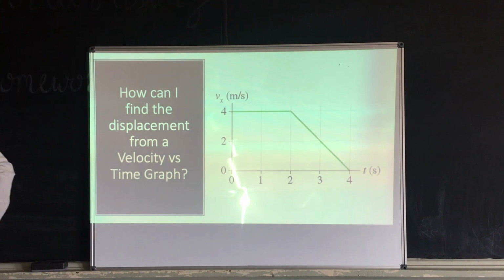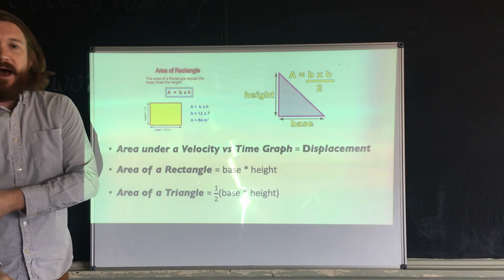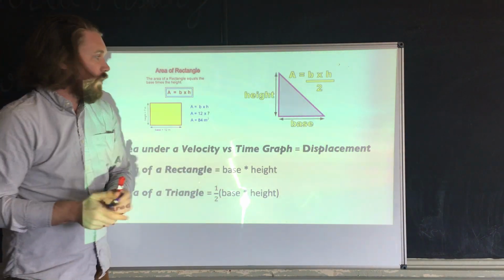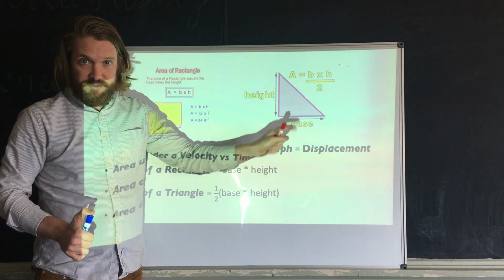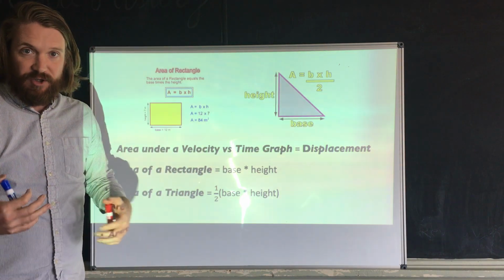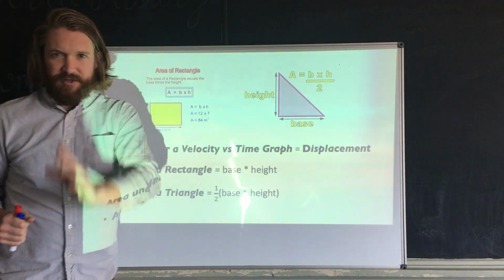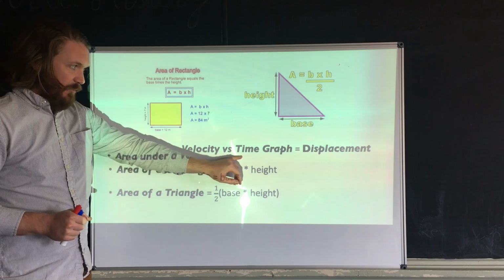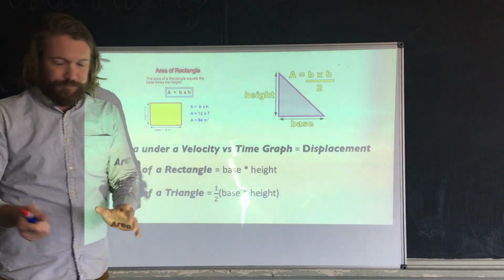Okay. First step. We got to remember how to find the area of two shapes, and we're only going to use two shapes, okay? We're going to use rectangles, and we are going to use triangles, okay? All of these shapes that we're going to look at, we're going to break them into rectangles and triangles. I'll show you how to do that in a second. So the area under a velocity time graph is displacement. We just saw why.